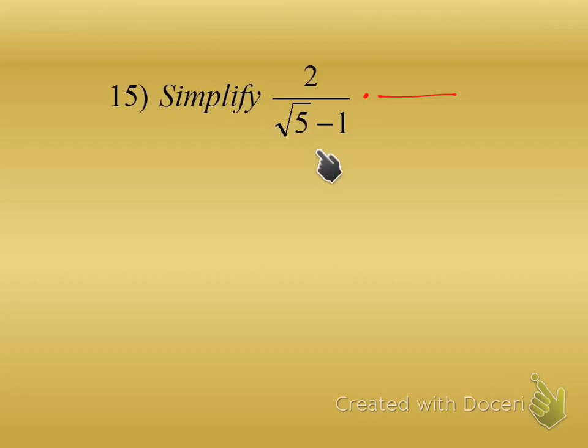So if I give you rad 5 minus 1, rad 5 plus 1, top and bottom. The top becomes what? Distribute. Bottom becomes what?